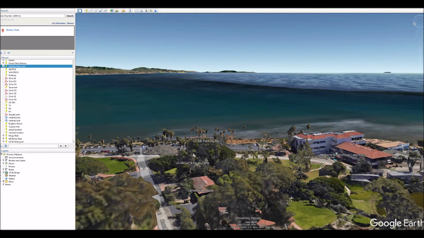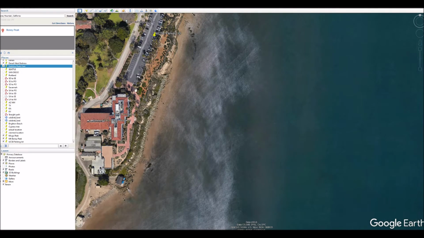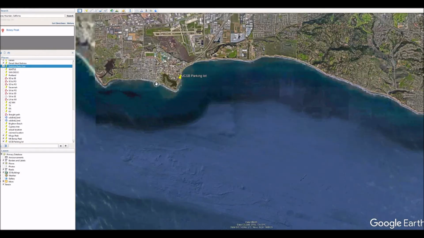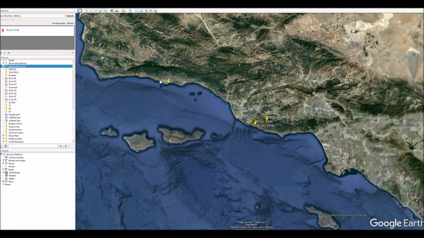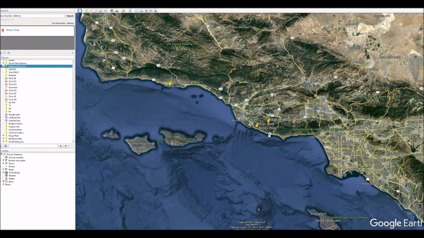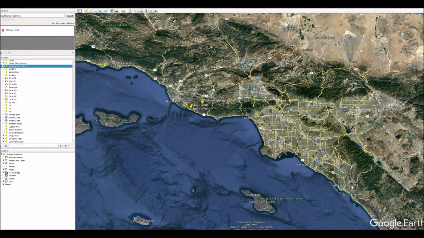But now I'm going to go and reset tilt and compass and just take you on a quick tour of the coast here. So we were looking east-southeast from our observation point. Los Angeles is down this way.